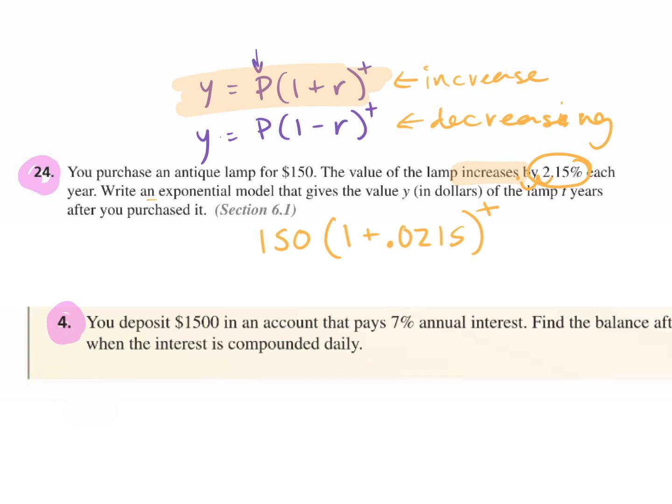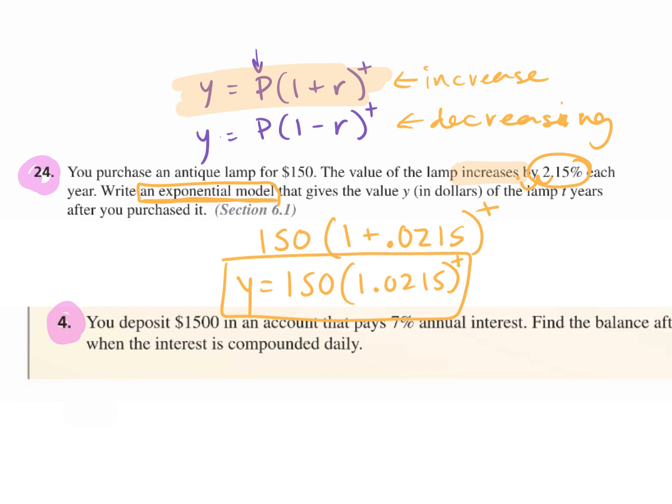We're just writing an exponential model, so we're not solving here. We're just writing the equations. We don't have a value for t. It doesn't tell us how many years, or it doesn't ask us to evaluate. So we just leave the t in it. So this would be 150 times 1.0215 to the power of t.